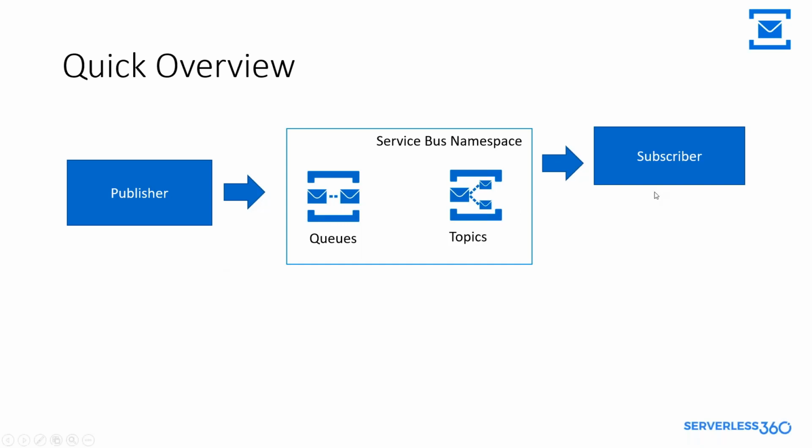When I have a single subscriber for my message, I can choose a Service Bus queue, whereas when I find my subscribers to be growing more than one, then I have an option to choose my Service Bus topic, which can support one-to-N relationships.